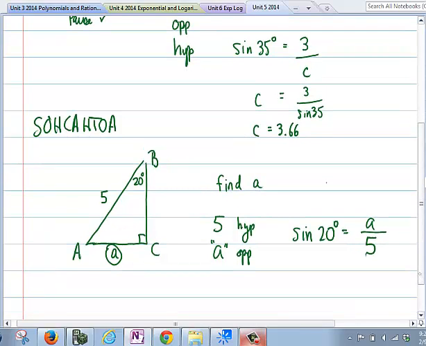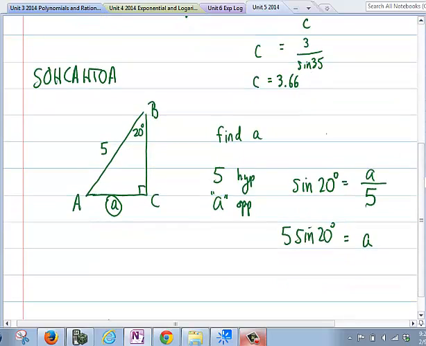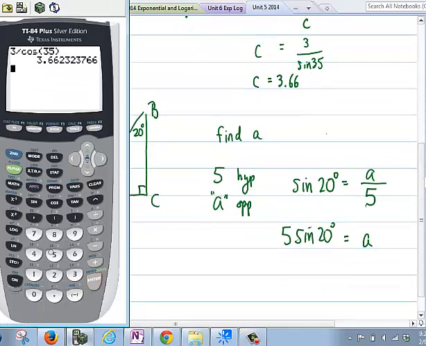Now this is an easier one to solve because we just have to cross multiply. A would equal 5 times the sine of 20. On your calculator, you would do 5 times the sine of 20 degrees, and you would get 1.71.